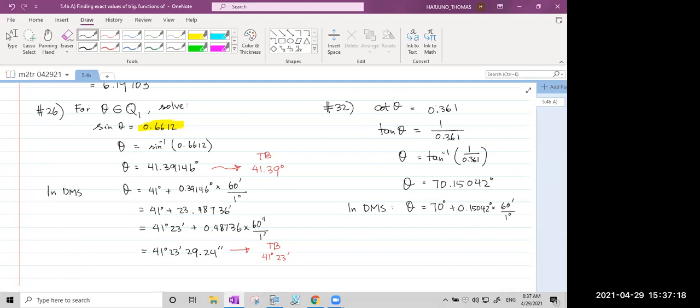Which one are you talking about? Isn't it 1.2243? Do we have to change it to radian? Not for number 32 though. Not for number 32, not for number 26.